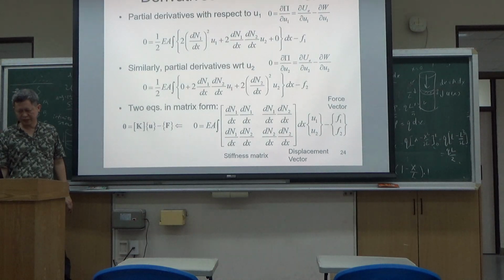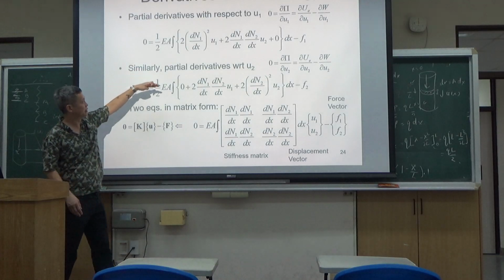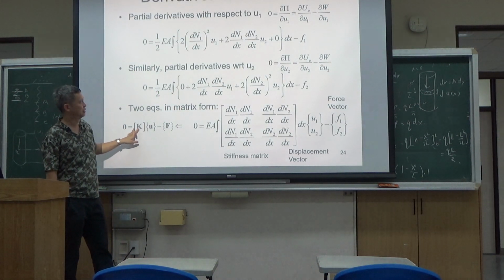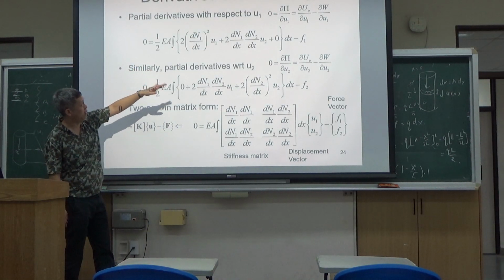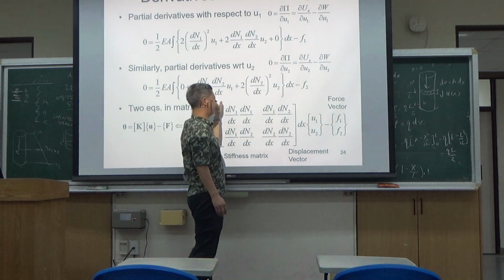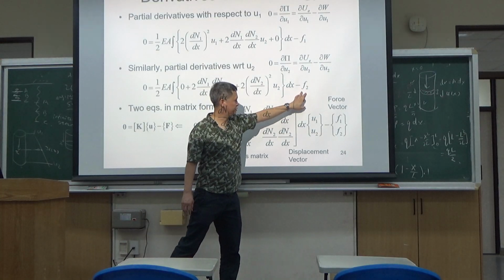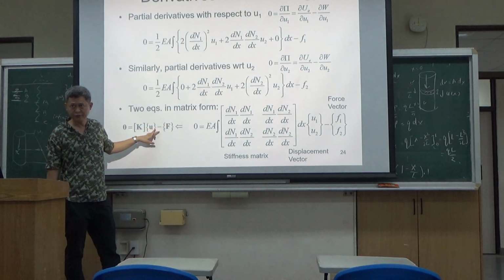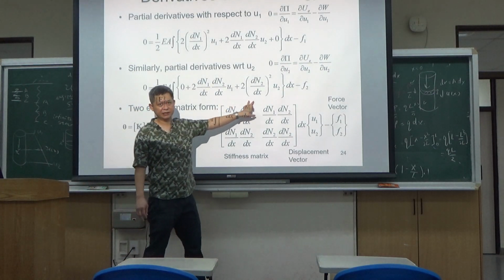If you now do partial differentiation, you can reduce the expression into a simple form like this. For partial differentiation with displacement 1, you obtain force 1. For partial differentiation with displacement 2, you obtain force 2. If you write the two equations together, you obtain an expression like this.